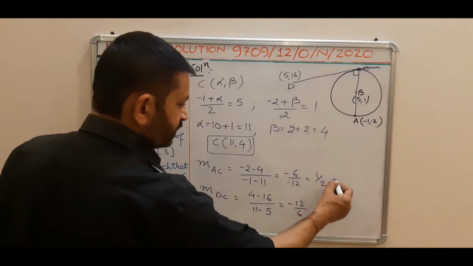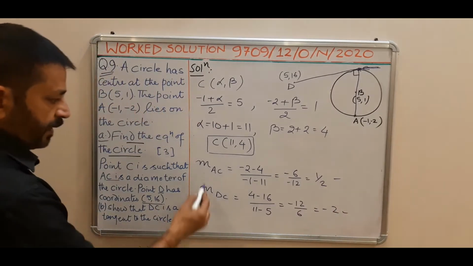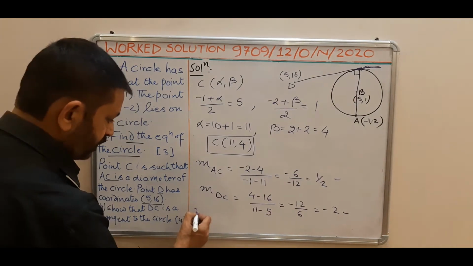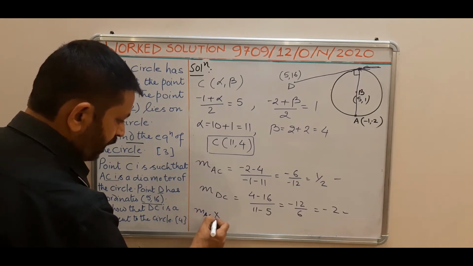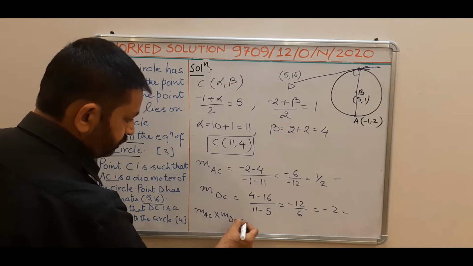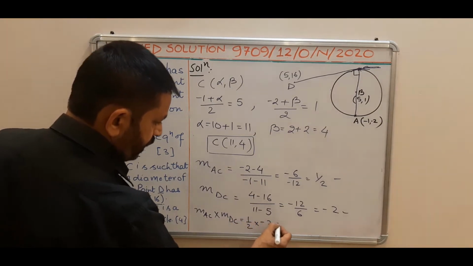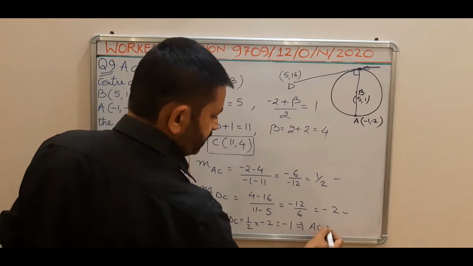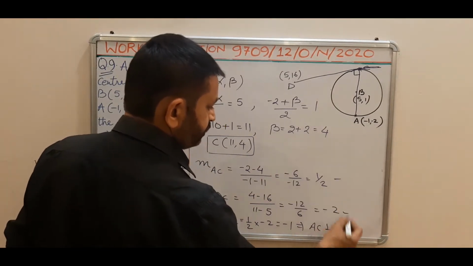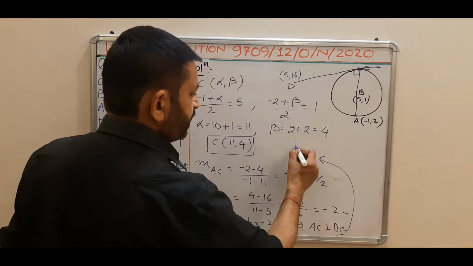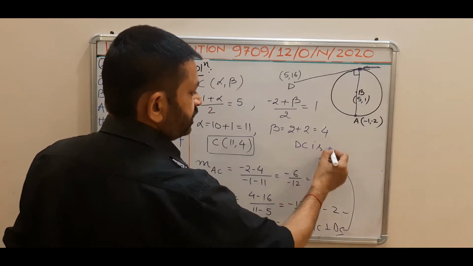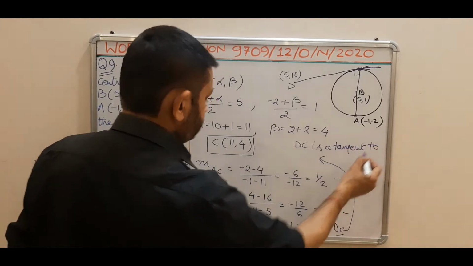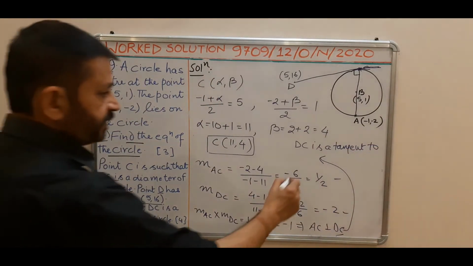So if you look at these two results, m of AC is half and m of DC is minus 2, and their product is minus 1. So it means AC is perpendicular to DC. Or we can say that DC is a tangent to the circle at point C.